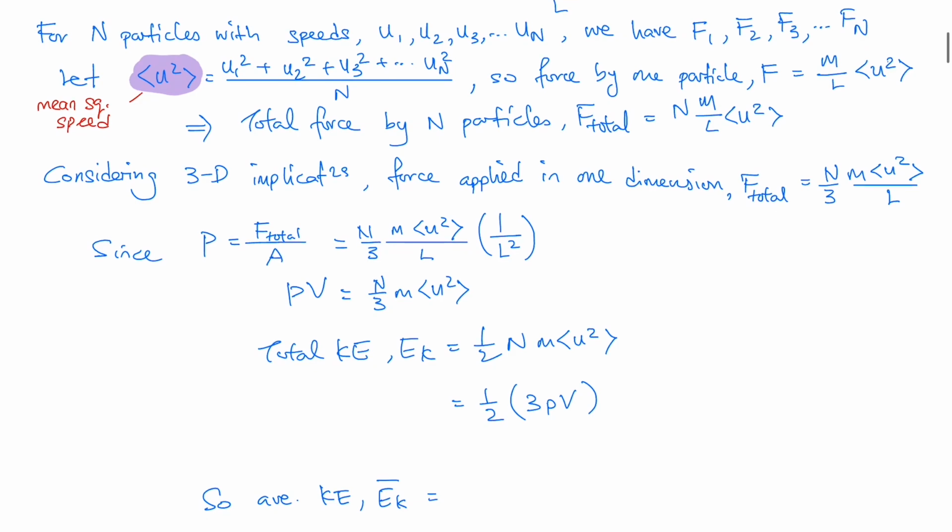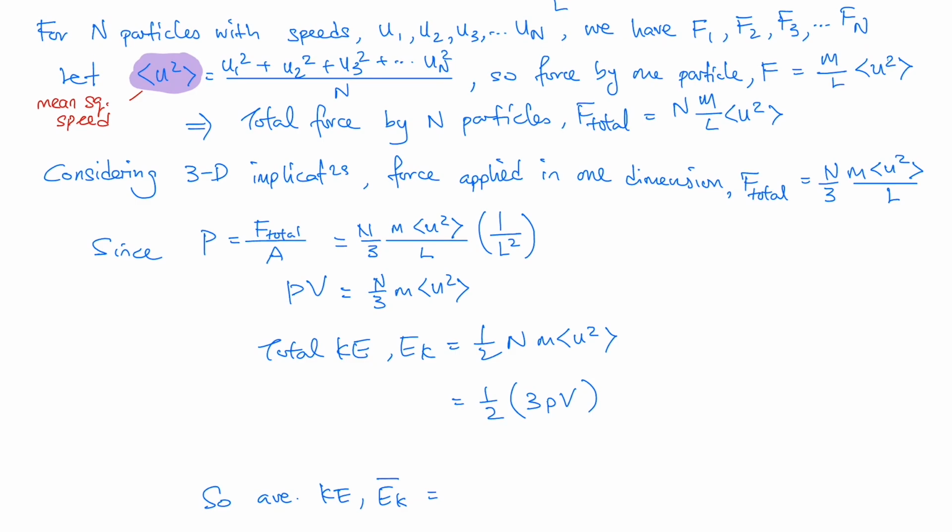So rearranging, we get total kinetic energy is equal to half n times m mean square speed, which actually equals 3 PV. And rearranging, we get 3/2 PV.